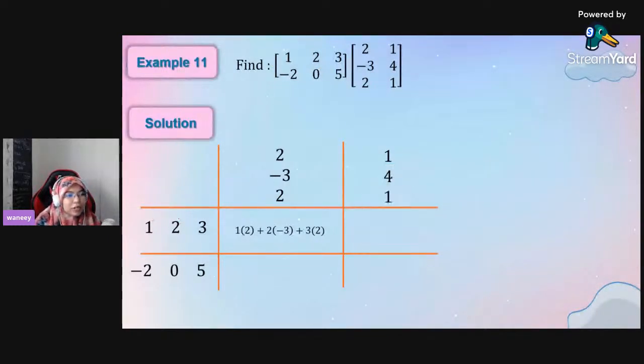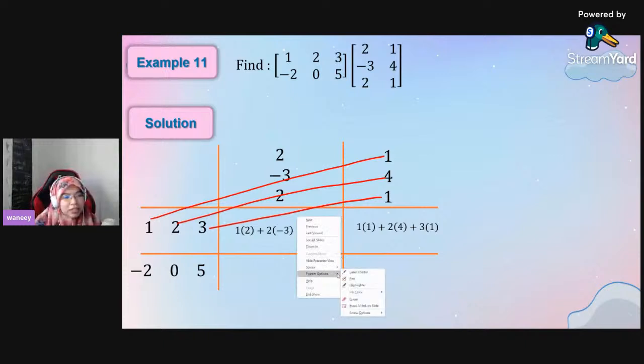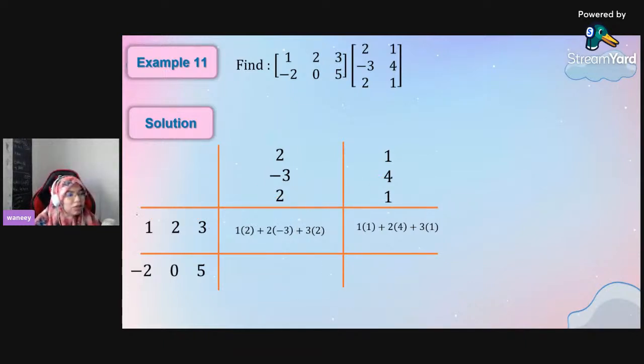The second one will become 1 times 1 plus 2 times 4 plus 3 times 1, and then you add everything. So 1 times 1, 2 times 4, 3 times 1. And then you do the same thing for the second row as well. Let me erase and then do one more time. Negative 2 times 2 plus 0 times negative 2 plus 5 times 2. And then the last one.